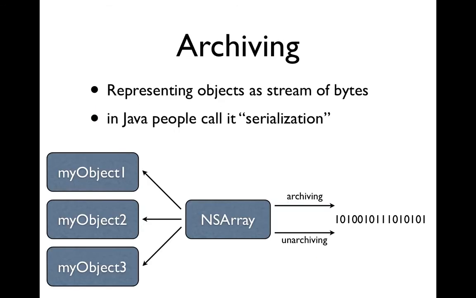Okay, one of the last things is archiving, and this is just a more fancy name than serialization in Java, just representing objects as a stream of bytes so that you can put them inside a file, and then you can unarchive them and get your object back into an application.